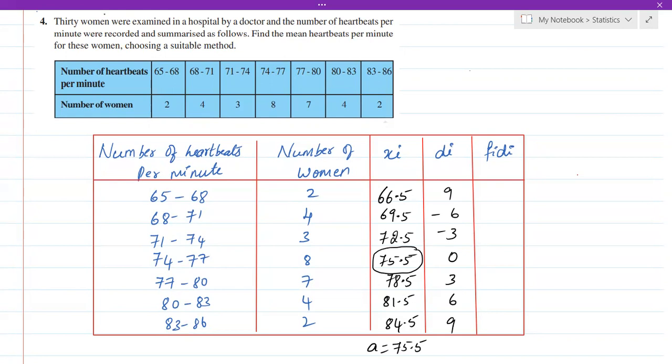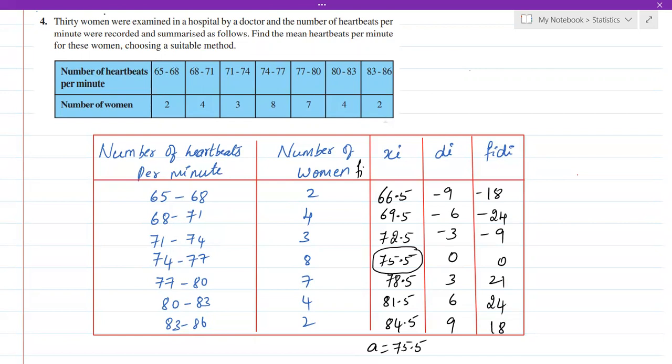Okay, so let's multiply fi and di. 9 twos are 18, so minus symbol as it is, minus 18. Minus 24, minus 6 into 4. 3 into minus 3 is minus 9. 8 into 0 is 0, 7 threes are 21, 4 sixes are 24, 9 twos are 18.